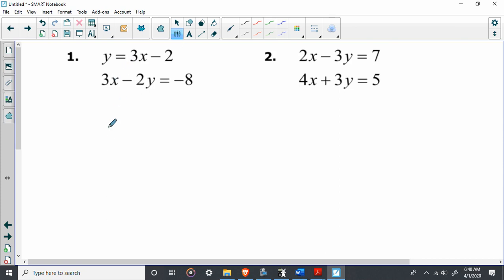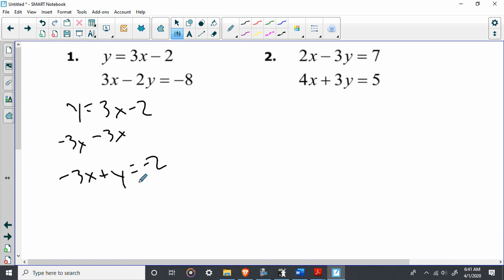If y is equal to 3x minus 2, and I subtracted 3x from both sides, I would get negative 3x plus y is equal to negative 2. So that was actually pretty easy to put into standard form.